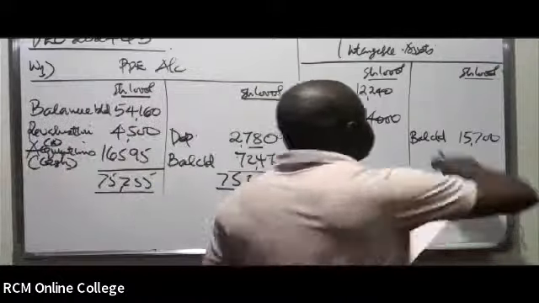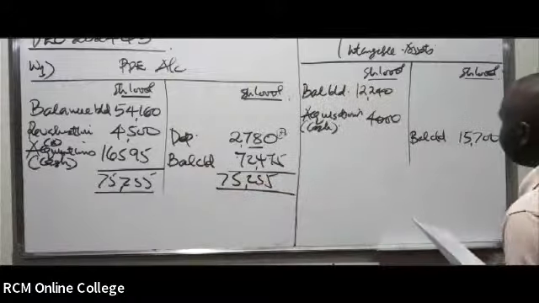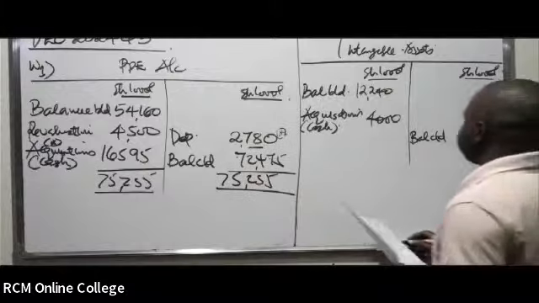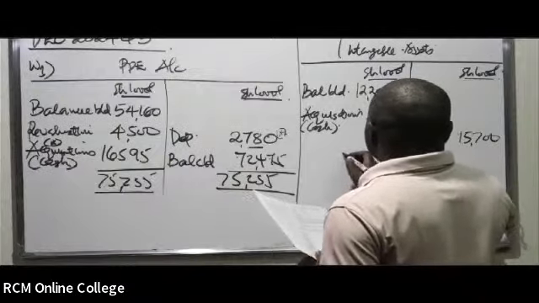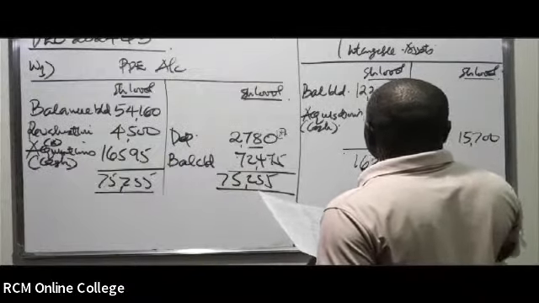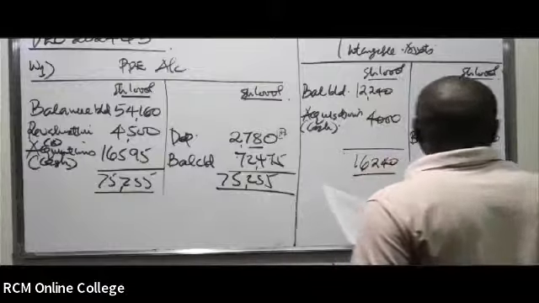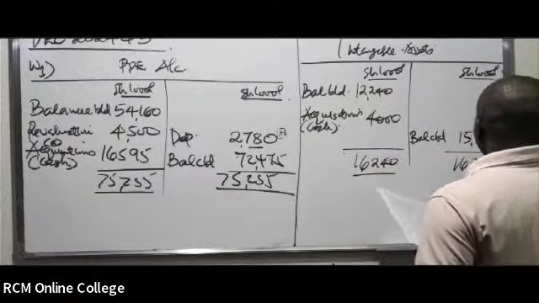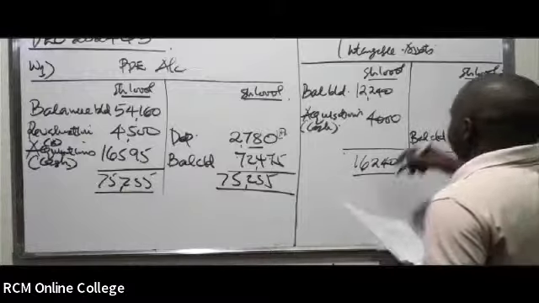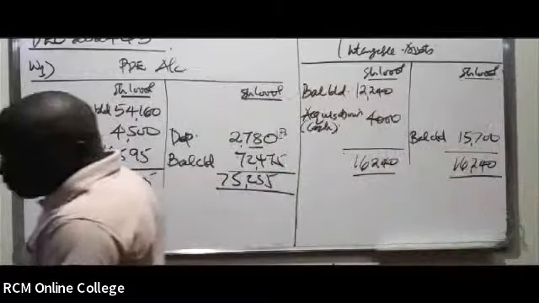And of course, if it comes this side, it basically means there was loss of value on these assets. And therefore, you can see we are getting 16,240, and this one is 16,240. So what is the balancing figure there?